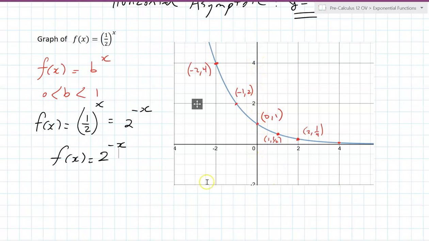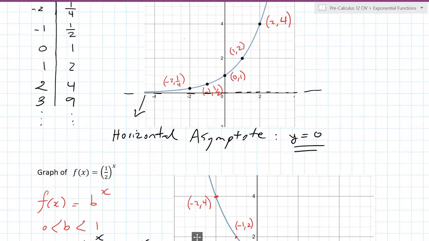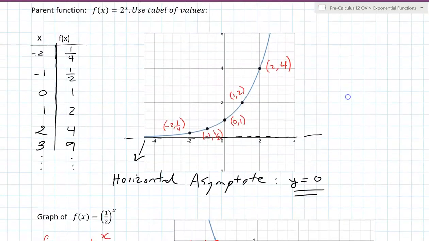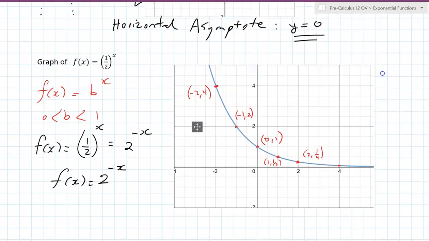So if we go through and figure out the original, this is the original graph, which is right here. And what happened is that all of these coordinates, this graph will flip to quadrant 2 and quadrant 1, and that is exactly what we got.